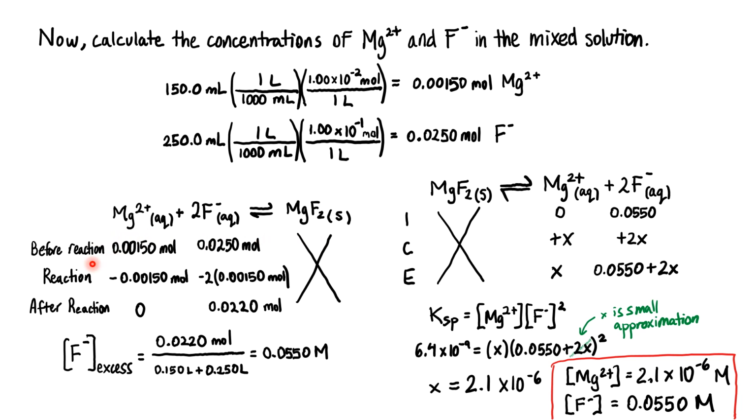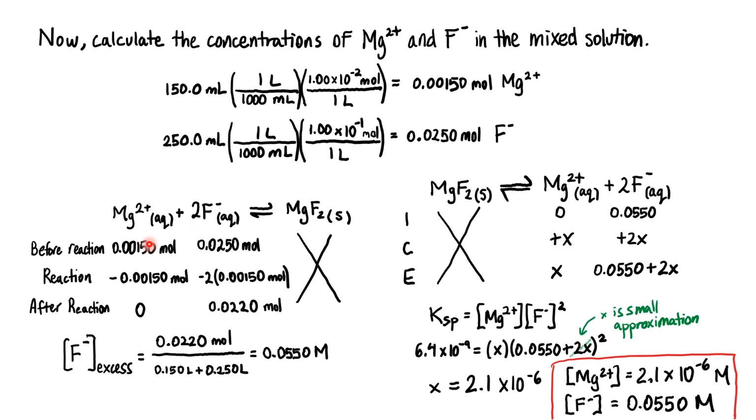Before the reaction, you have just each amount of these. But if I'm forcing these ions to become a solid because Q is greater than KSP, what's going to happen is all of the magnesium that you have available, all the magnesium 2+, is going to get consumed and form into solid with fluoride.